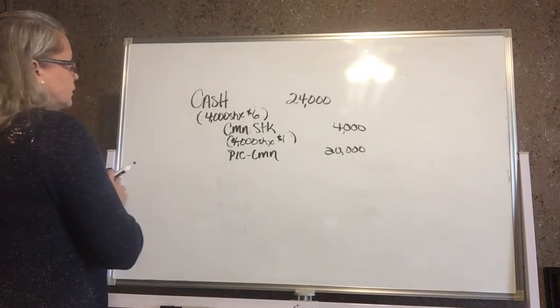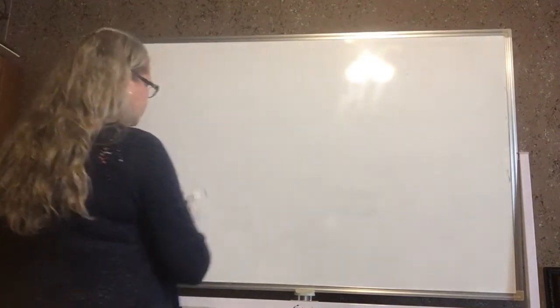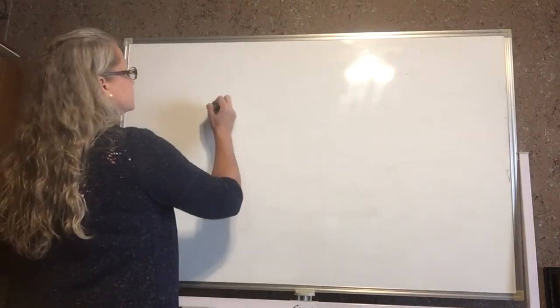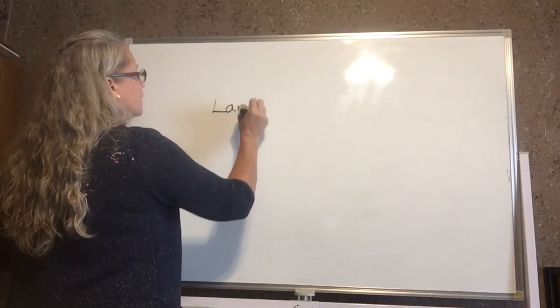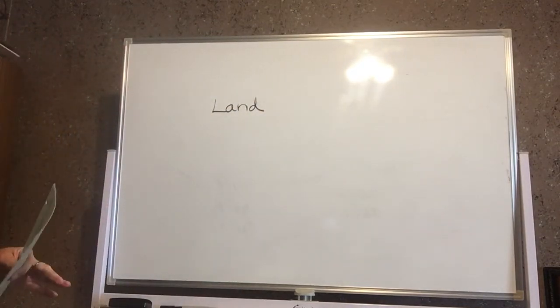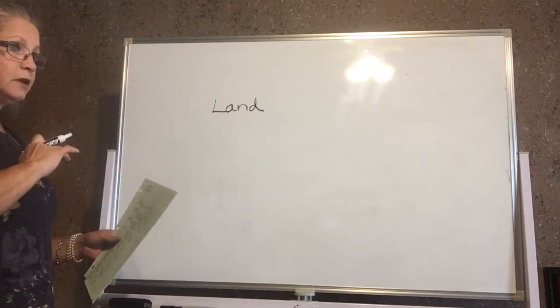So I'm going to erase all this. We're going to start off by writing what we're getting, which is land this time. And I can't go by their asking price because that's not market value. That's just their value on the land. So I have to go by my stock price.